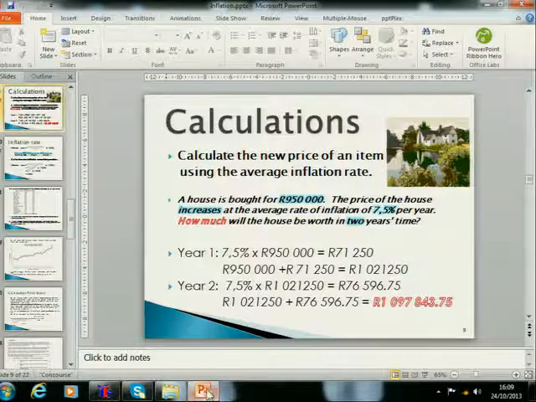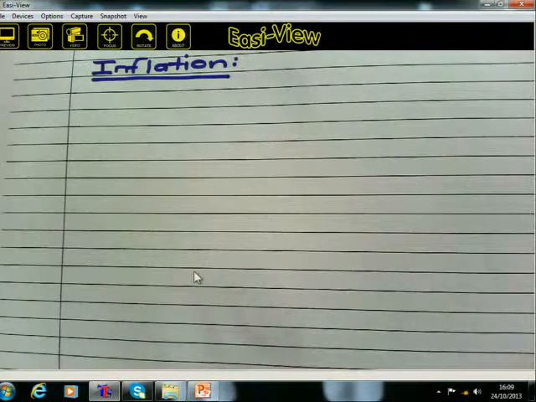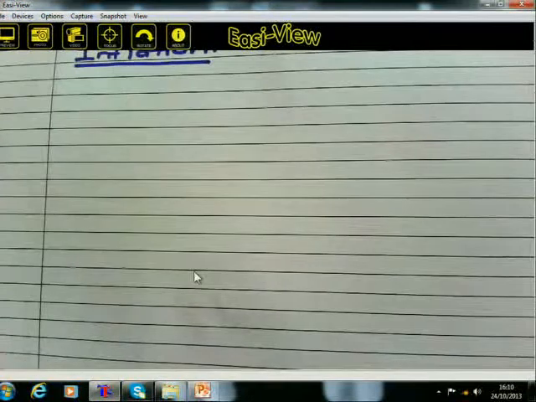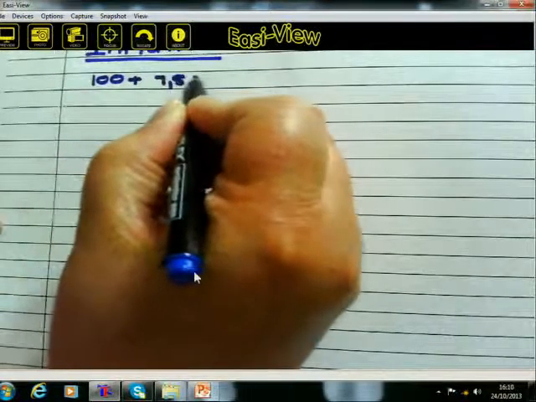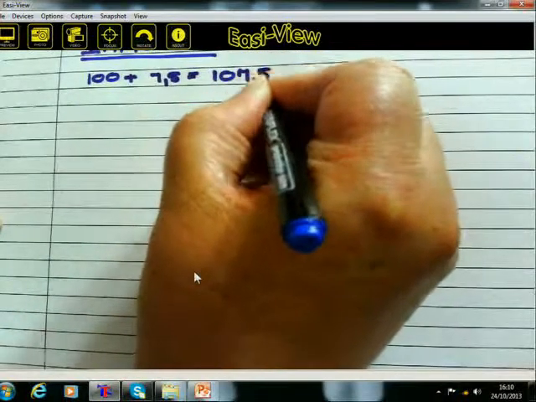Right. We're going to use the same question, but I just want to show you the alternative method. Because if I look at the question, it says the 7.5% is added. So many teachers teach you that you say it is your 100%, which is the 950, plus the increase of 7.5%, which gives you then a total of 107.5%.